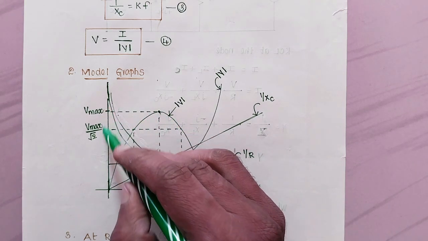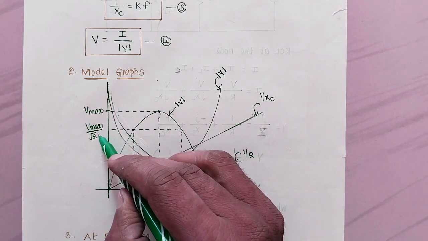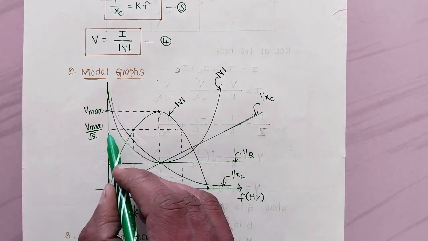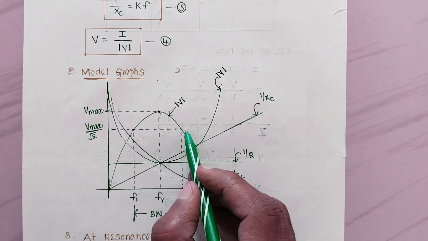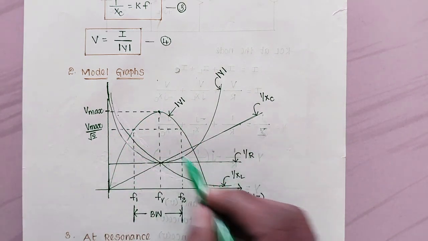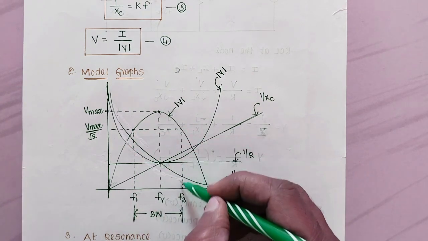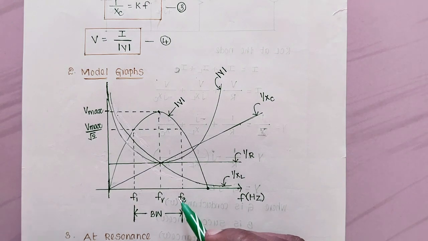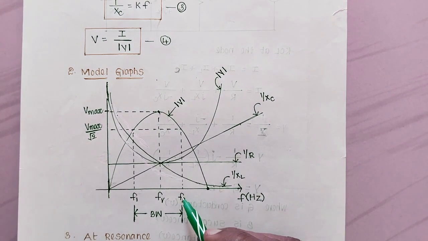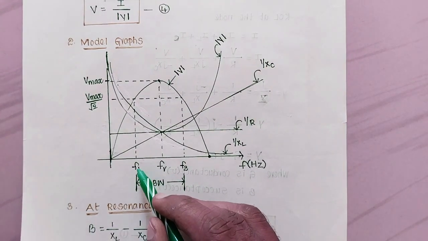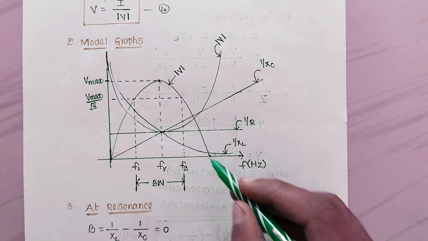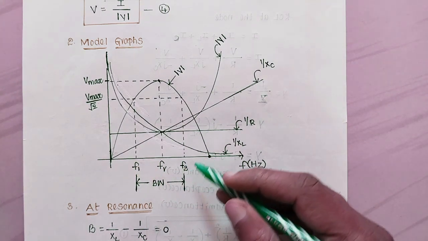And 1 by root 2 times the maximum voltage is this point. Draw a dotted line which cuts the mod V curve at 2 points. The corresponding frequencies are said to be cutoff frequencies, lower cutoff frequency and upper cutoff frequency. So F1 is the lower cutoff frequency and F2 is the upper cutoff frequency.